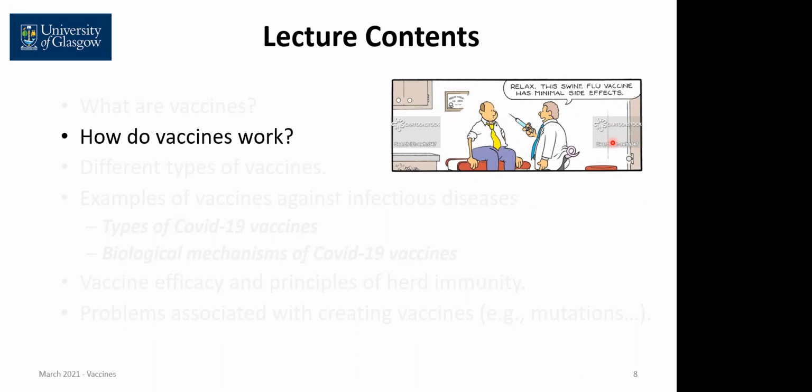For the BDS3 cohort, this was probably delivered by Dr. Nile a few years ago, and this is essentially what I teach now for the new BDS1 cohort. For the oral sciences students, I hope this is something that you were taught in your course. If not, we can try and go into a bit more detail in the live session on anything that maybe doesn't make sense. So if we make a start, how do vaccines work?